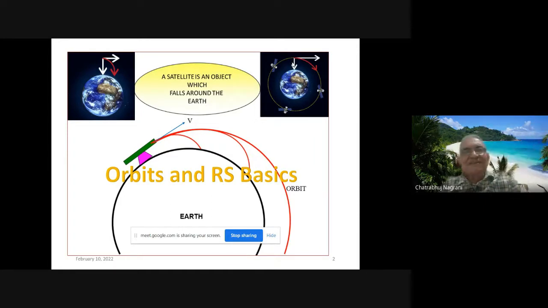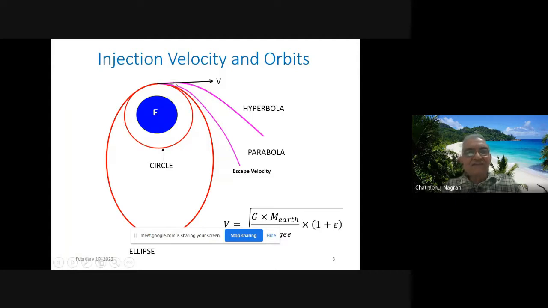Of course both of these things are happening simultaneously, but for understanding purposes, let us say we go up to say 500 kilometers or 250 kilometers, and then you give a tangential velocity so that it will go around the Earth. So our launcher should be capable of giving that much tangential velocity to the satellite which has a particular mass, and if it doesn't have that capacity, it will not be able to launch, and the satellite will come down.